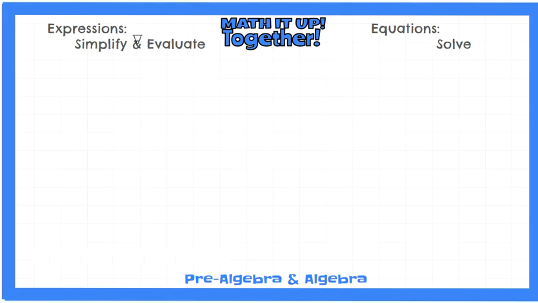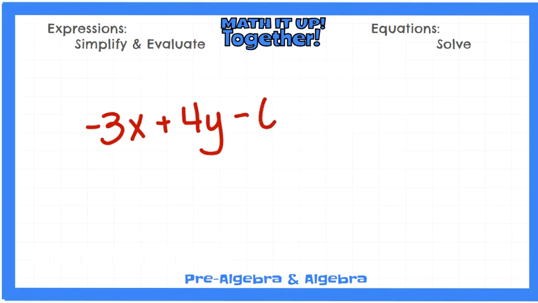Okay, so the other thing that we do with expressions is we do what's called to evaluate them. So we start with an expression, maybe something like this. And then we're given some information about the values of x, y, and z.